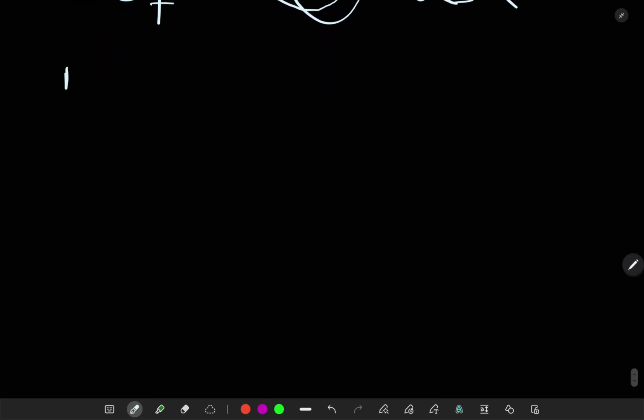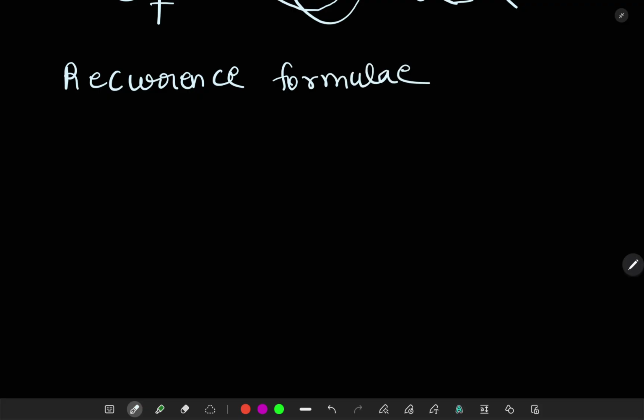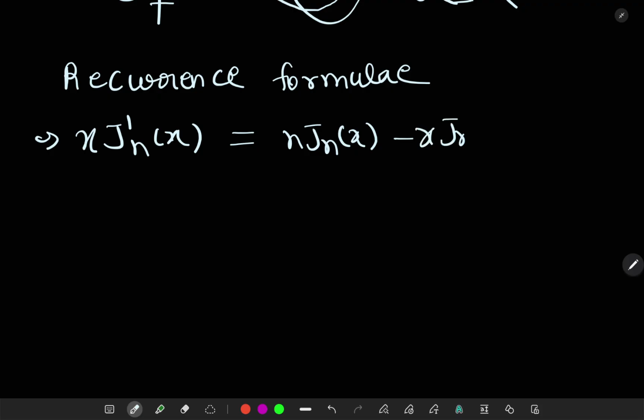Now the recurrence formulas for Bessel function. This is the first recurrence formula for Bessel function, and we can find this using this formula.